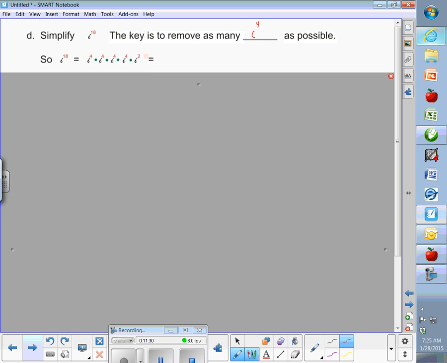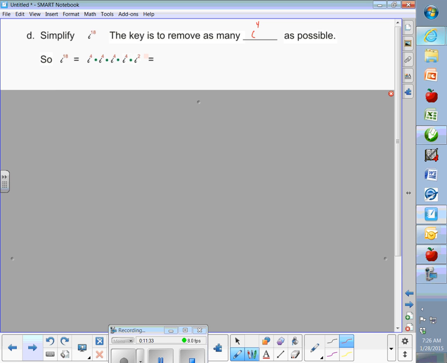So if you look at the example here below, I to the 18th. Stay with me here. I to the 4th times I to the 4th is I to the 8th, times I to the 4th is I to the 12th, times I to the 4th is I to the 16th, times I squared is I to the 18th. So remember, what is an I to the 4th? It's a 1.